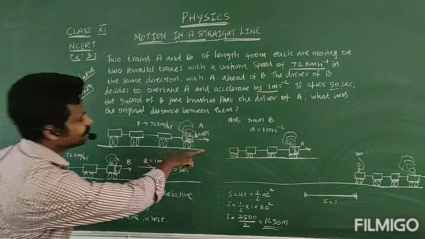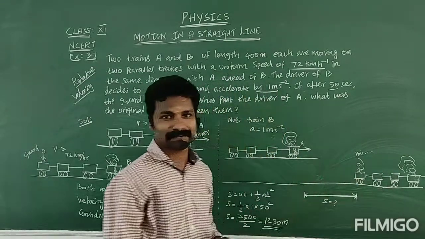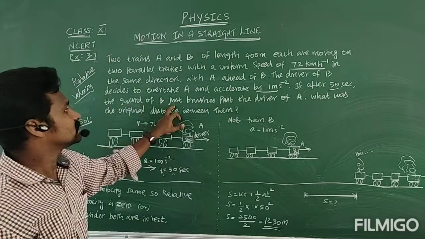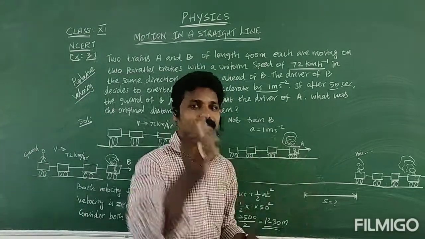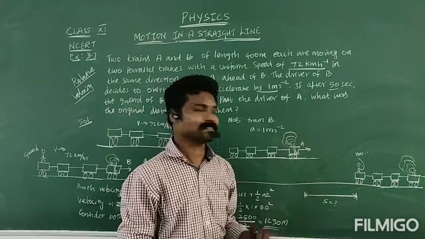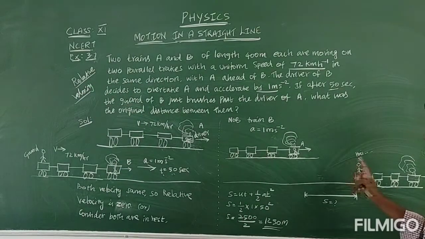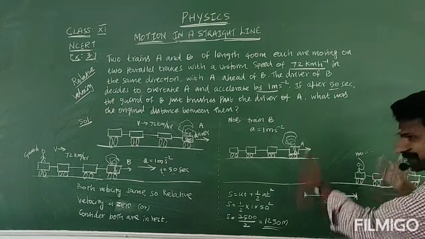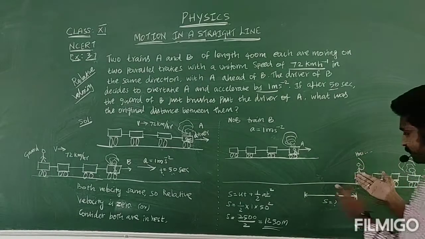While we overtake train A, where will the train A driver be? The guard of train B will be at the end. After the 50 seconds, the guard of B just brushes past the driver of A and says hi, just like checking. This is for a jolly purpose I say it.